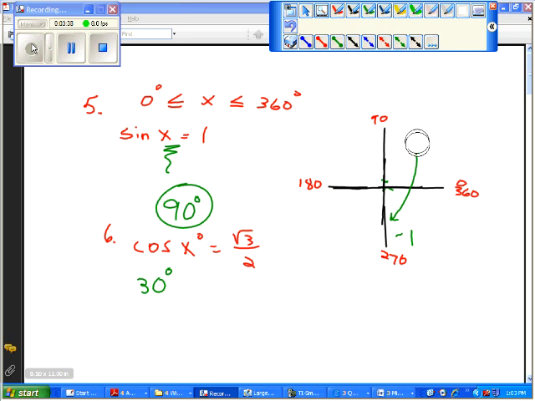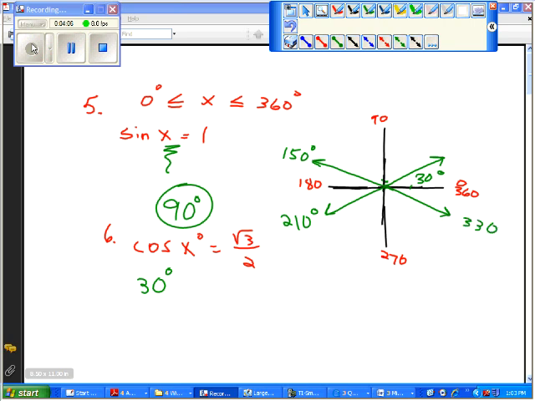Well, 30 degrees in quadrant 1 would be 30 degrees. 30 degrees in quadrant 2 would be 30 degrees before 180, which would be 150 degrees. 30 degrees after 180 would be 210 degrees. 30 degrees before 360 would be 330 degrees.